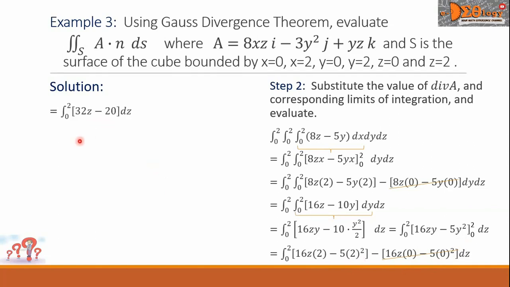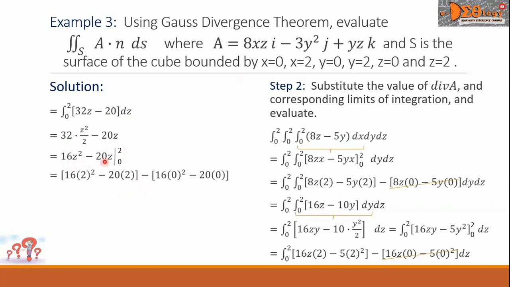Let us now integrate the final integral. The integral of 32z with respect to z is 32 times z squared over 2 minus the integral of 20, which is a constant, with respect to z, so we have 20z. We simplify 32 by 2, we have 16z squared minus 20z. Let us evaluate this with respect to the limits from 0 to 2.